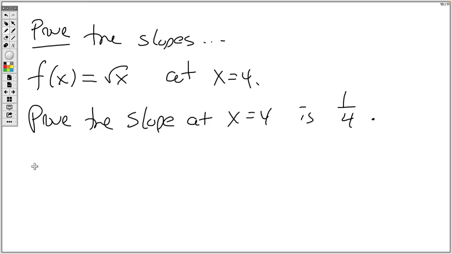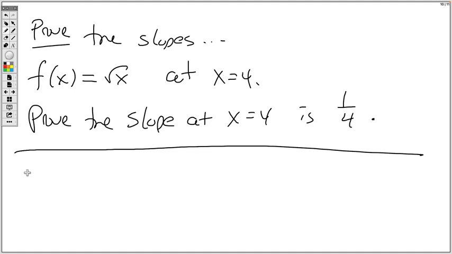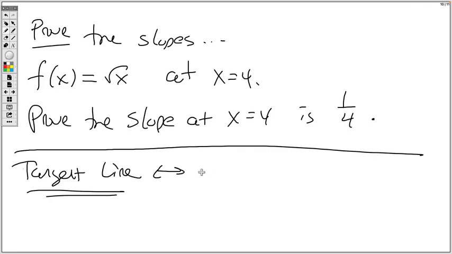So let's introduce some notation. Here's some words. Sometimes this is called the notion of tangent line. Okay? So tangent line is what we're going to be calling this, the line. That's the name of the line.